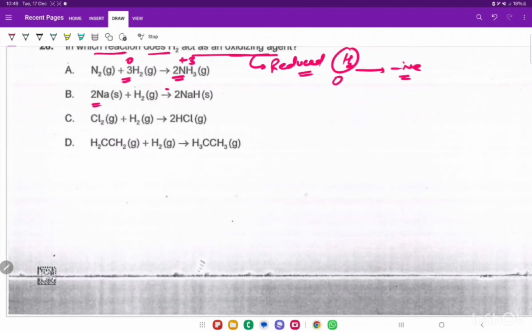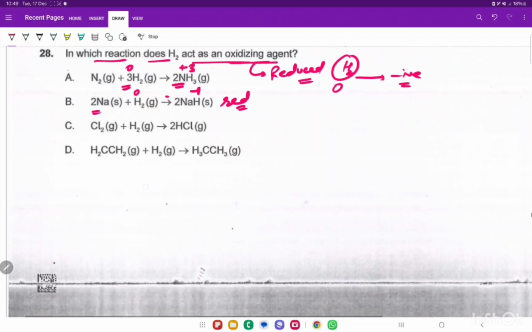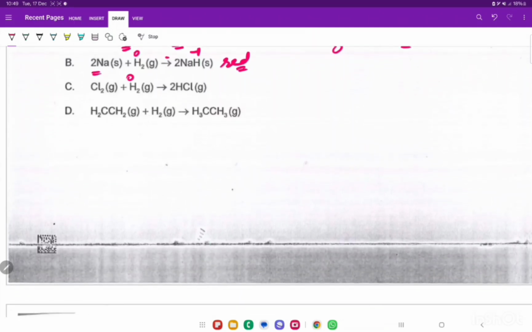Na plus H2, again 0 converts into -1. The oxidation state of hydrogen is changing from 0 to -1. We can say reduction is happening here. Hence, hydrogen is acting as an oxidizing agent here. Next, Cl2 plus H2, hydrogen from 0 to +1.